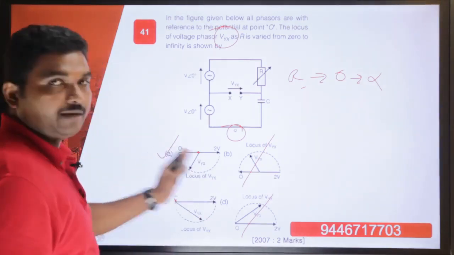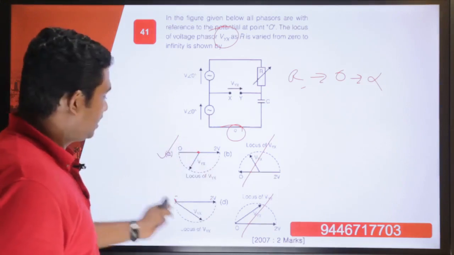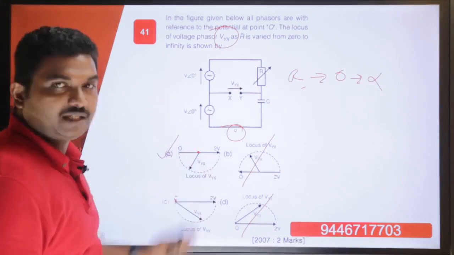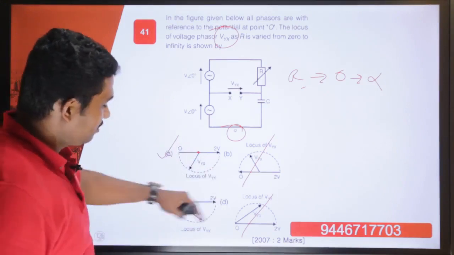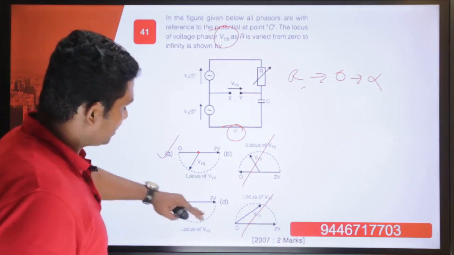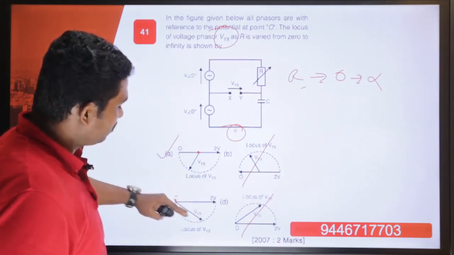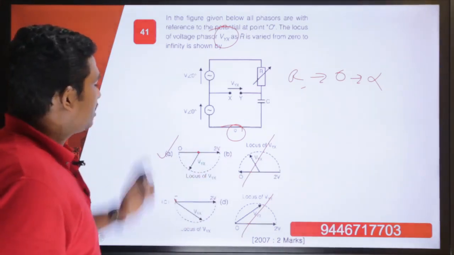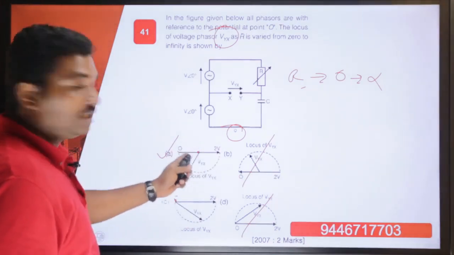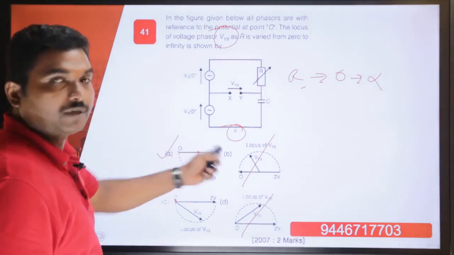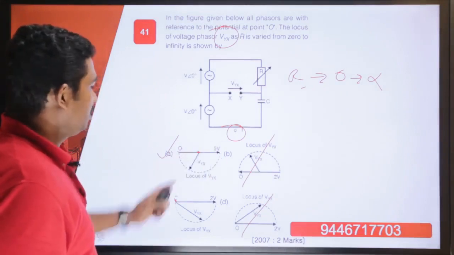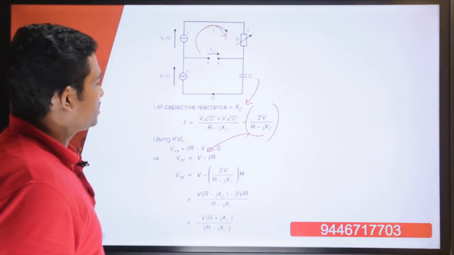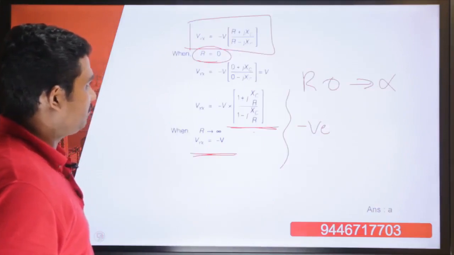So that means a V possibility is there. But here only a possibility of 2V is there because the radius on which the phasor is working goes from 0 to 2V. So here our division factor is V because it is from 0 to V and then from V to 2V. So we will conclude with option A for question number 41.